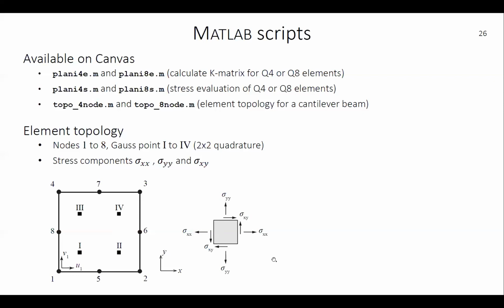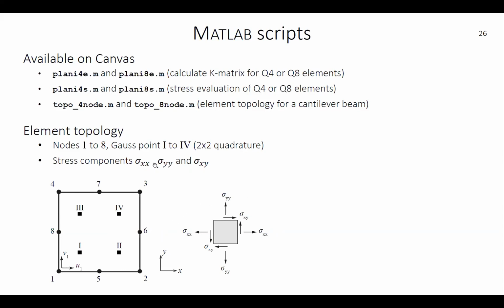So it follows the following convention. For a 4-noded element, you have node numbers 1, 2, 3, and 4 as such. And then the integration points are denoted row-wise from the bottom, 1, 2, 3, and 4. And this differs from the notation in the book.